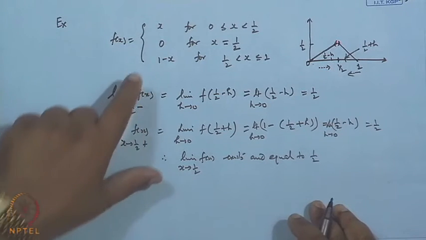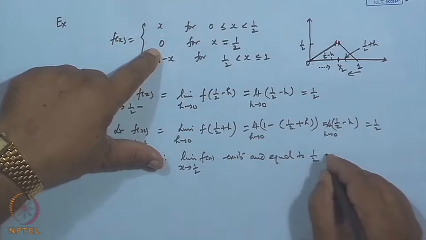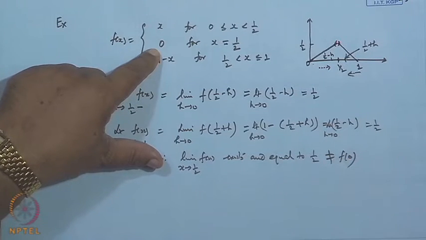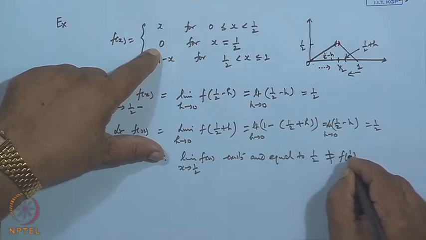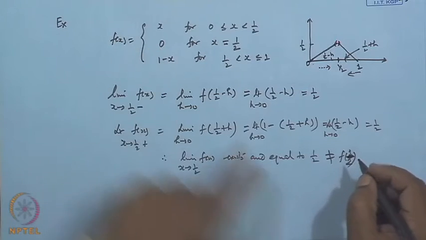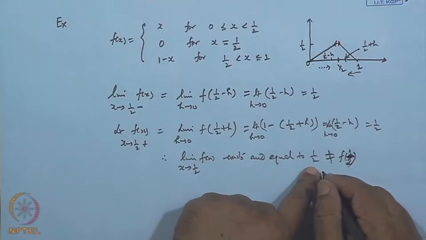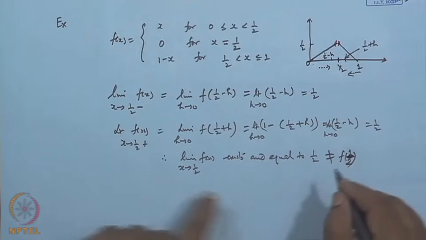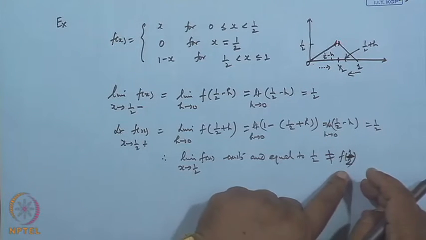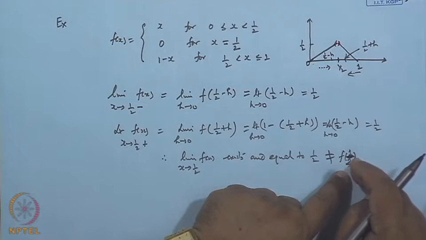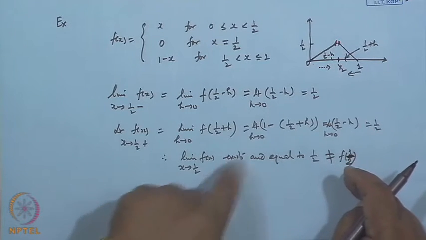But the value of the function at the point half is 0, which is different from the limit, because the value at the point half is given to be 0. Here the limit value is coming to be half. It means this is a function where the limit exists, but the value of the function at that point is different from the limit.